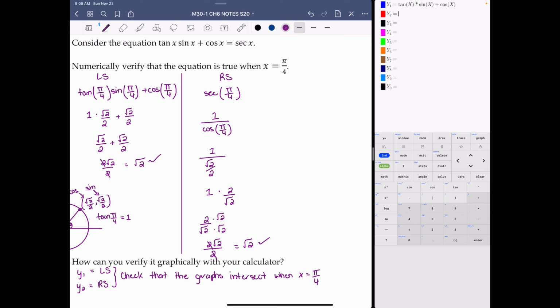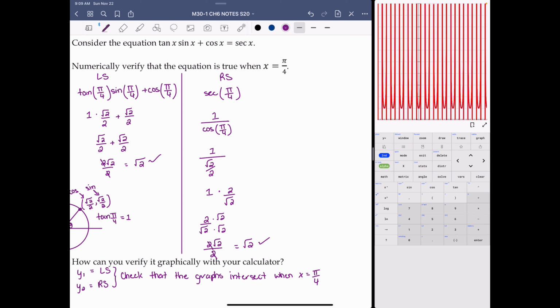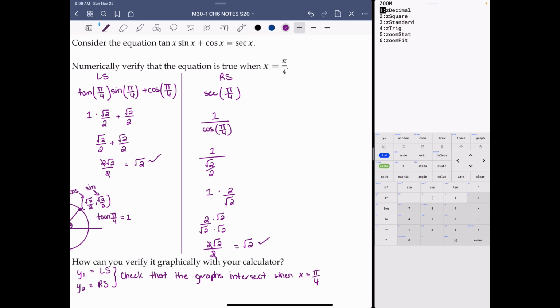And then y2 is secant x. We don't have a secant button, but we can use the reciprocal, 1 over cos x.